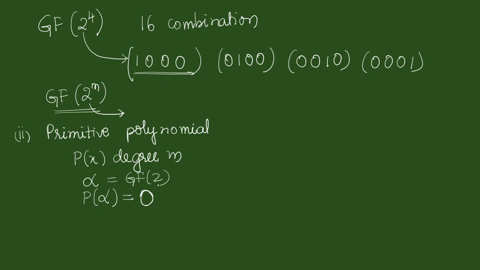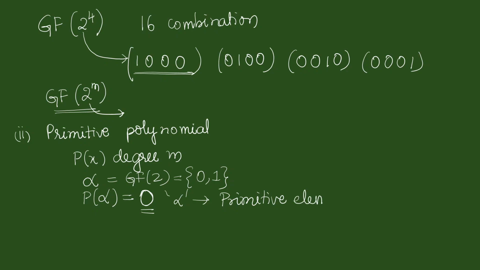That means the coefficient should be from the GF of 2. Therefore the possible alpha values it can take are from the GF of 2, which is either a 0 or 1. When you substitute a 0 or 1 in place of x, if the resultant is 0, then alpha is known as the primitive element.